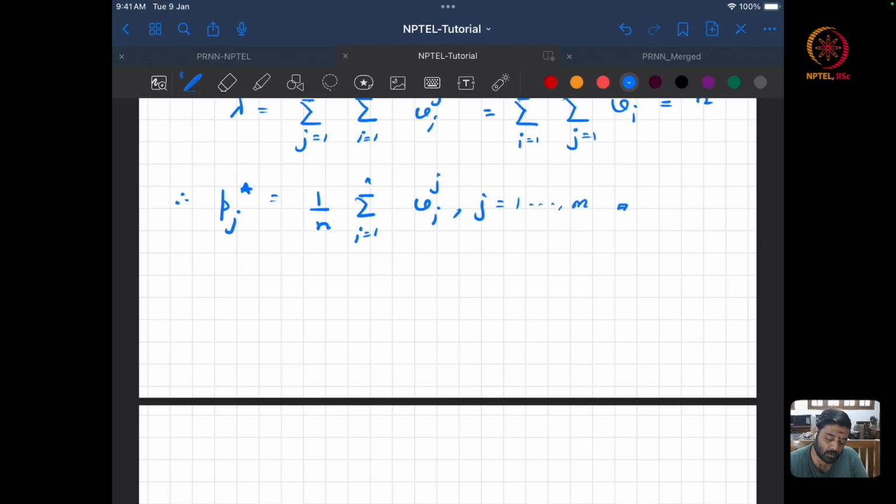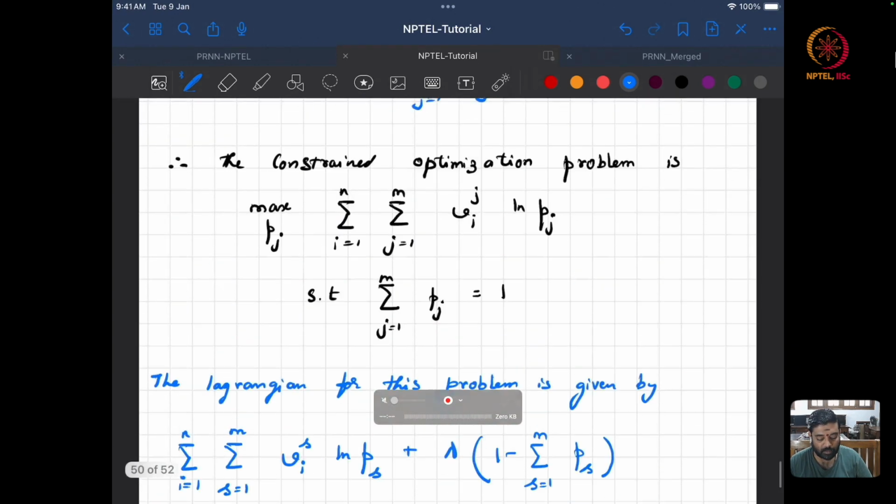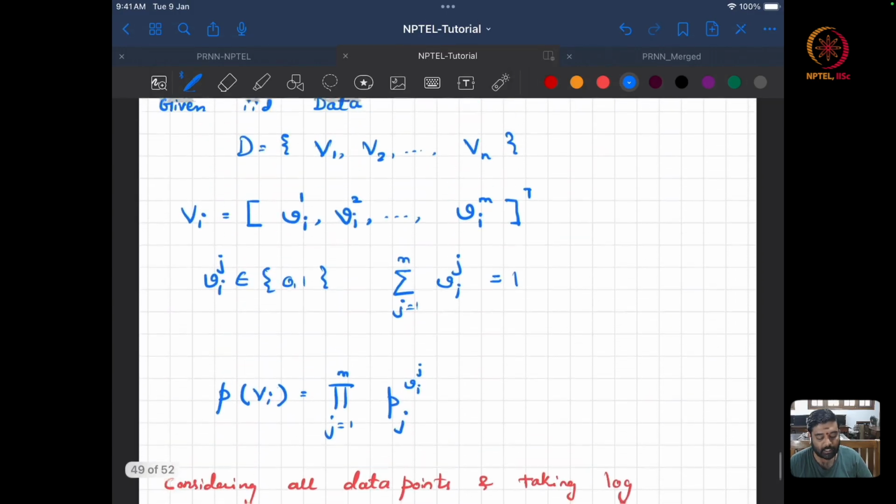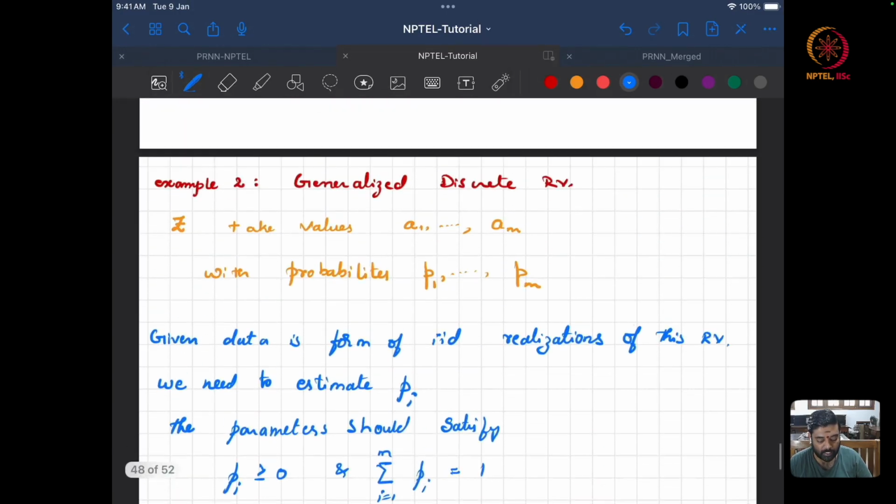This is the parameter vector that we will be getting. There is one value for each j, so similarly you will get it as a vector. Now this is crystal clear, right? The final ML estimate for a given Pj is the fraction of times the j value actually occurs, which makes total sense with our intuition. So this is how we solve it for a simple generalized discrete case.